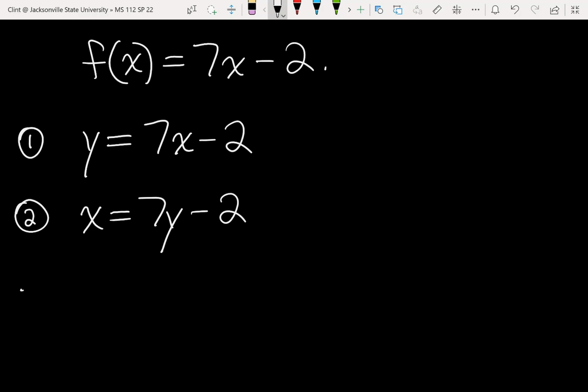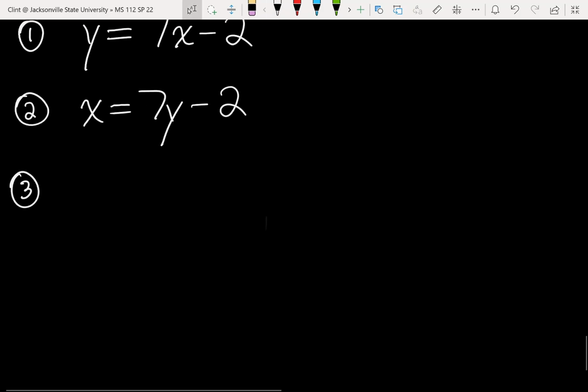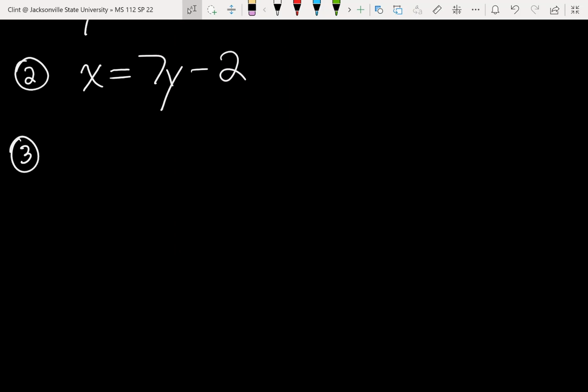In step 3, this is usually where most of the work comes in. We need to take our new equation we have and solve it for y. So I'll rewrite it, and then we'll go from there. So I'm going to add 2 to both sides.